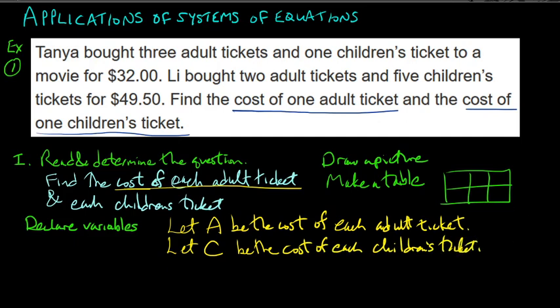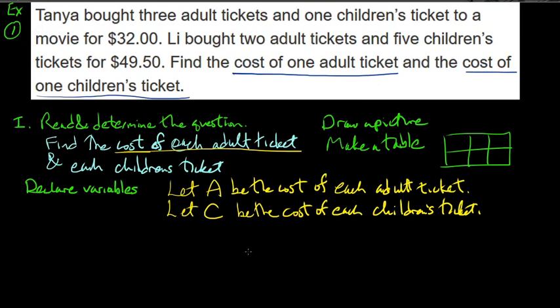Okay. So that's the first thing you want to do: make sure you understand the question, figure out what it's asking for, and then declare your variables. And you don't have to use A and C. X and Y are good letters for variables. But in some cases, I try to let the letters represent what they're looking for.